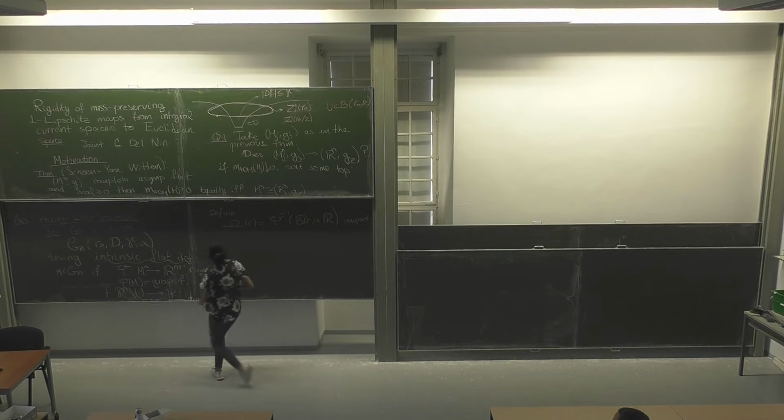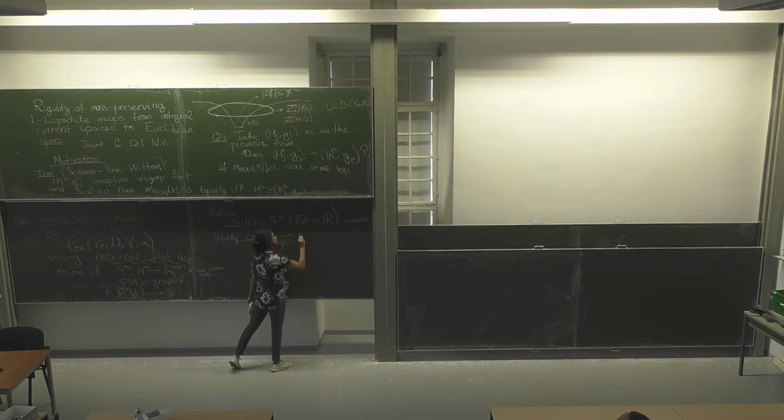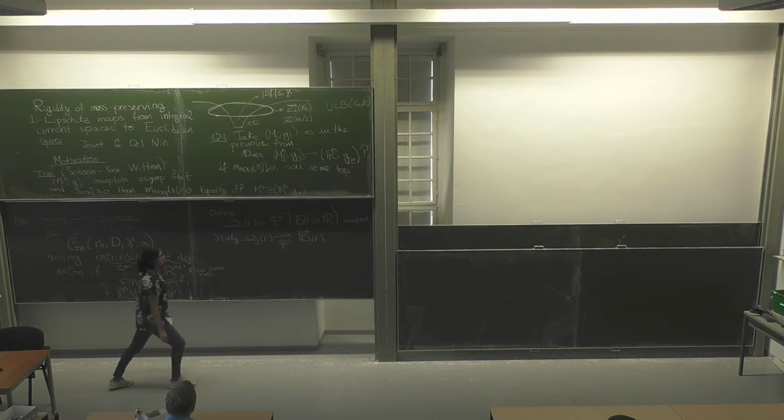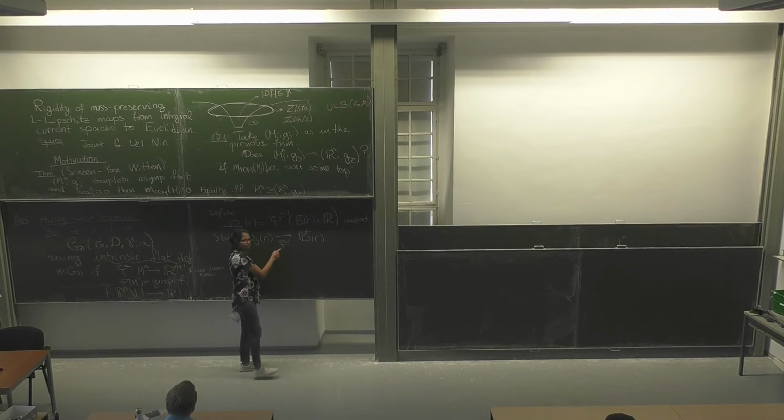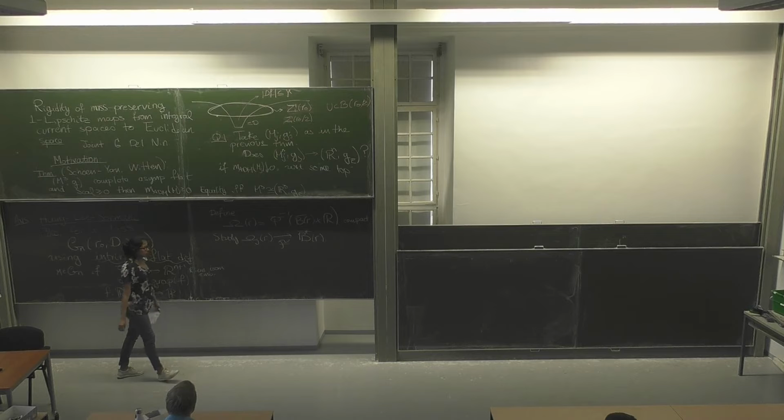And what they want to do is study, for a sequence, so I'm going to write this, if this converges in intrinsic flat sense to Euclidean balls of radius r, okay? So that's the question. Do we have this? And I'm going to say a little bit about this convergence, but that's the question.